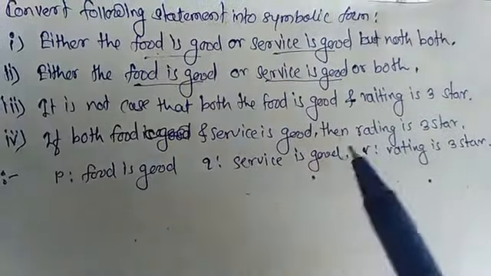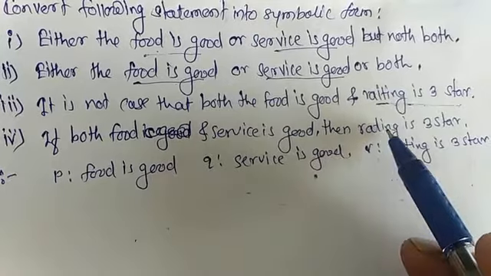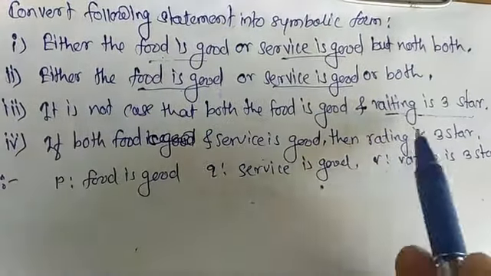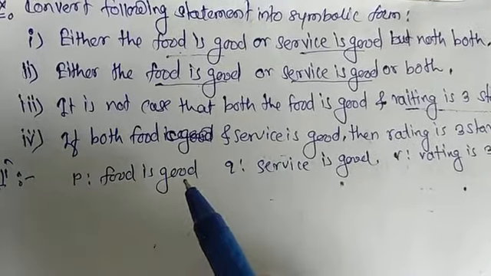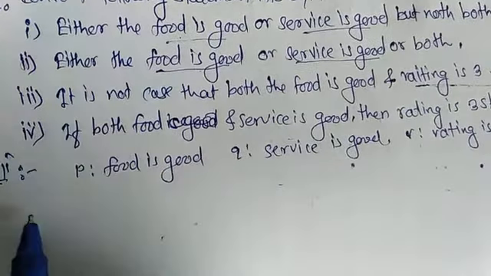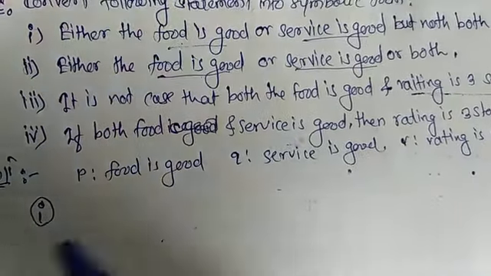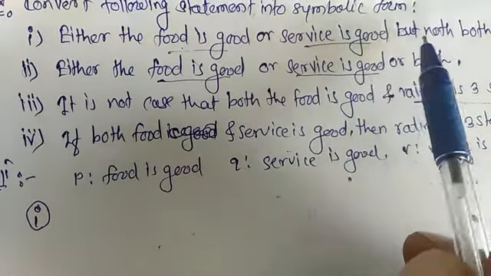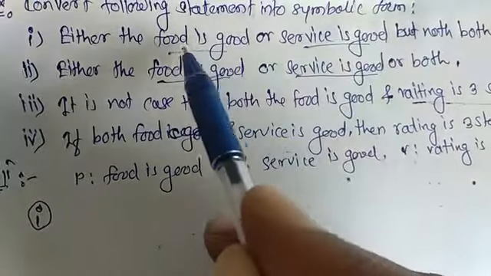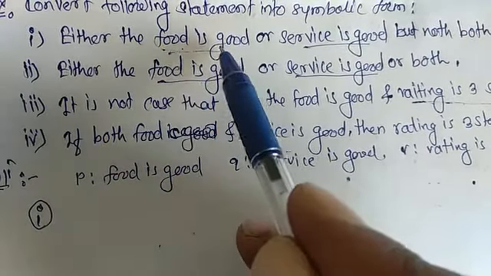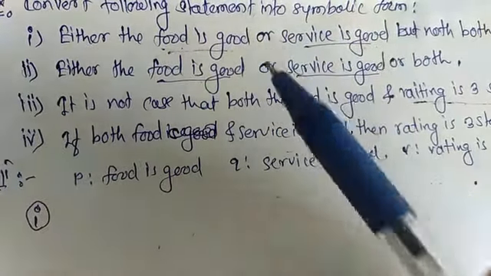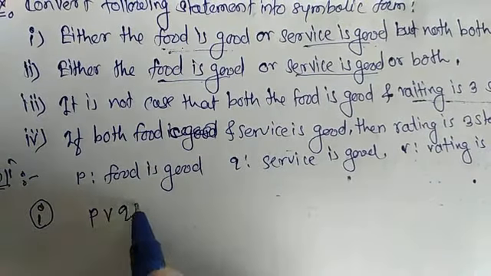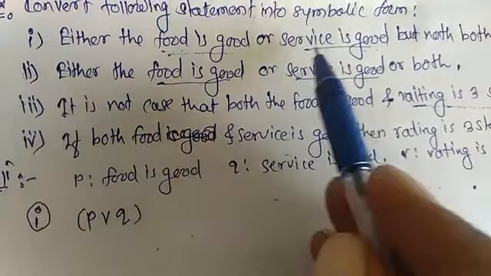In the fourth it is used before. So there are only 3 statements in this example. Now for the first, it is given that either the food is good or service is good, but not both. For the first part, food is good is P or Q. So the first part is completed.